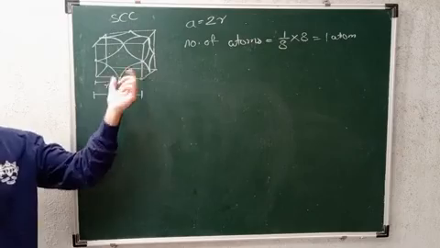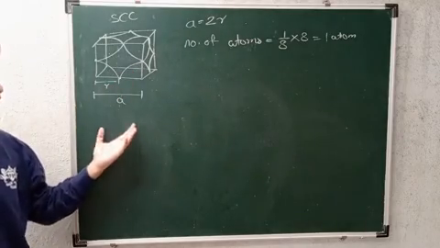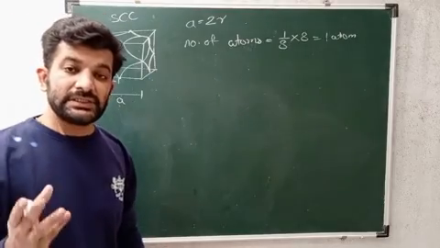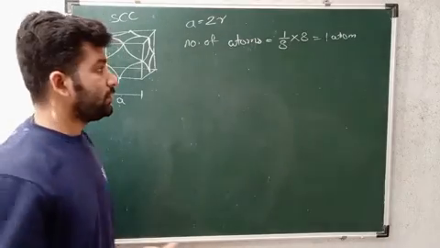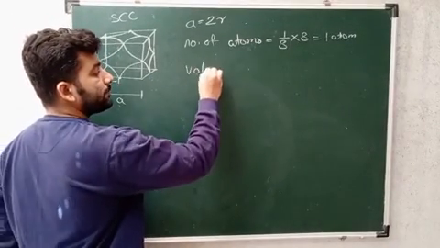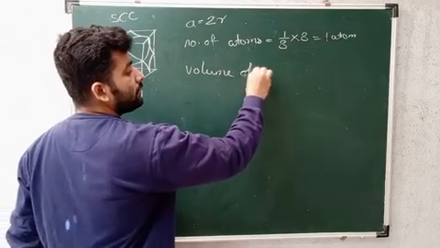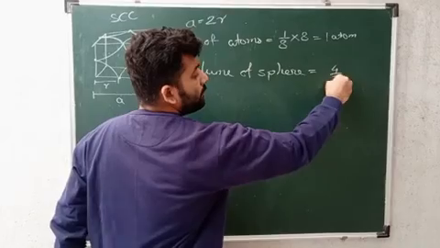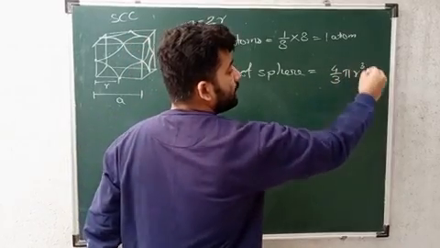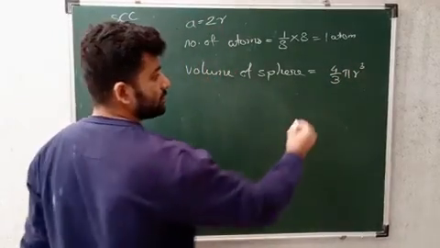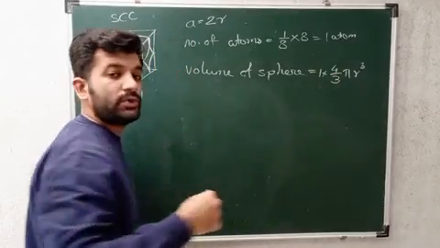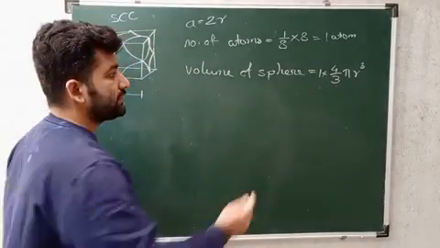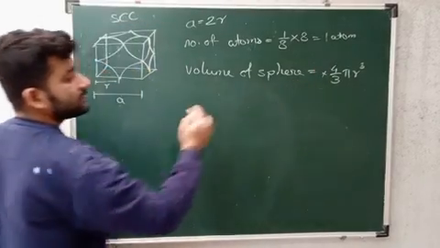Now we are going to 3 dimensions; I showed you in 2 dimensions. One atom is present, and an atom is considered as a sphere. So the volume of sphere is equal to 4/3 pi r cube. There is only one sphere, so I will multiply it by 1. If there were 2 atoms, I would have multiplied it by 2. So this is the volume of sphere.